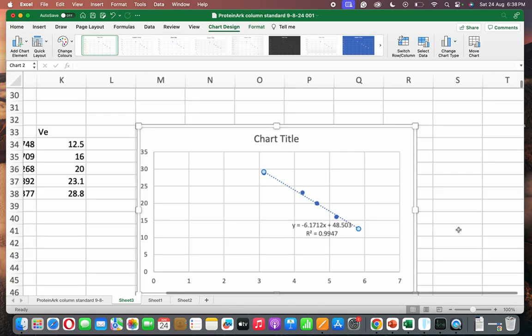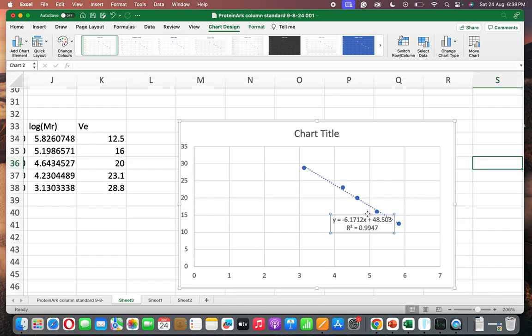So here we've got the equation of the line, and we've got a very high R squared value. That R square is basically measuring how straight our line is. R square can be maximum 1, and we have R square of 0.995, which is basically telling us that our standard run is probably very accurate, or very precise rather.